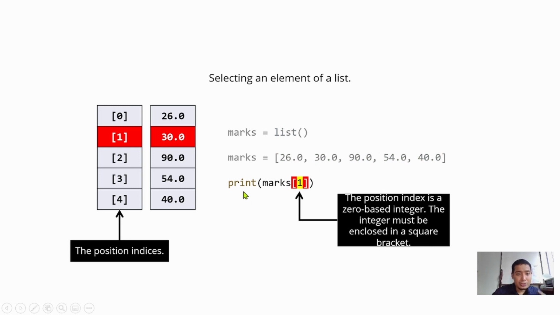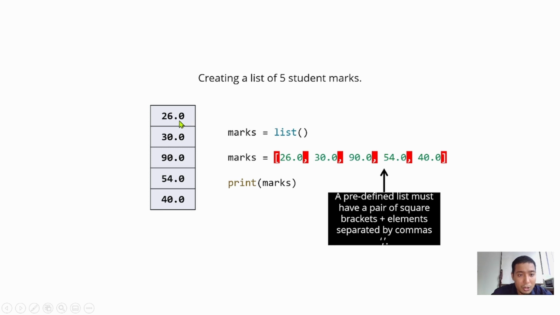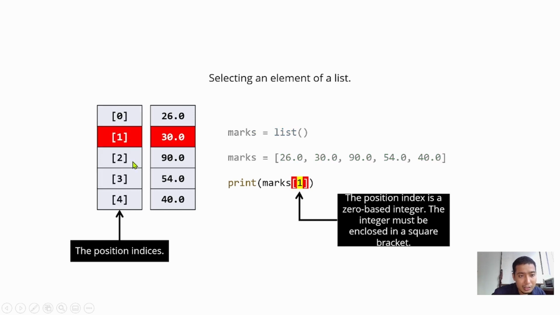Okay, now suppose that you have stored the values inside the memory. So here is your list. Each block is represented by an integer, which is known as the position index.